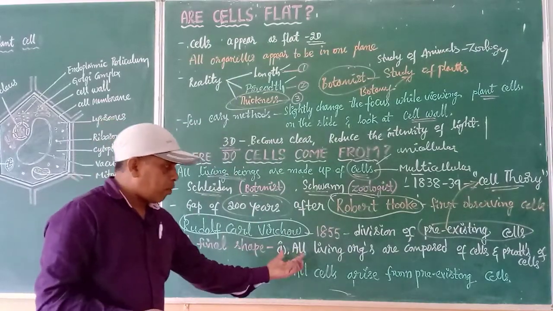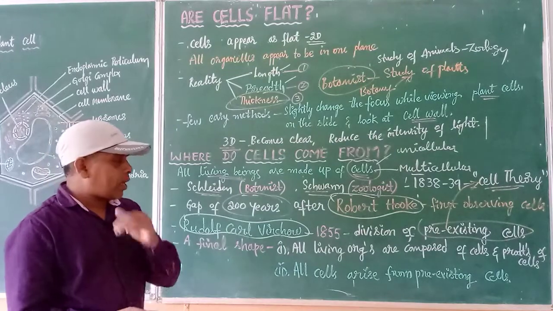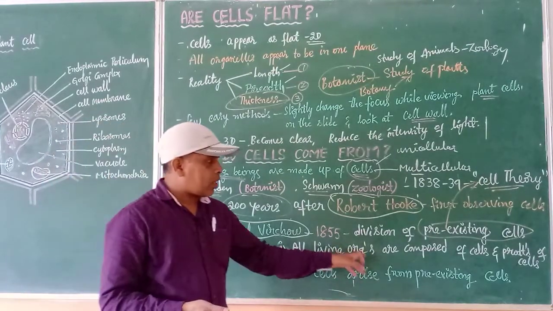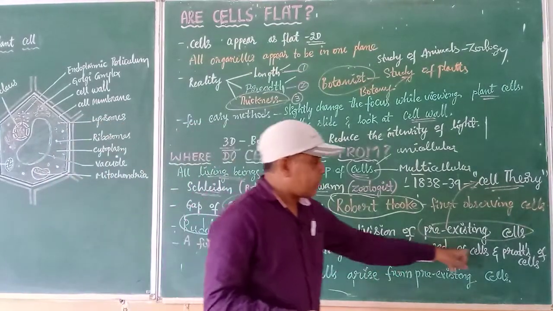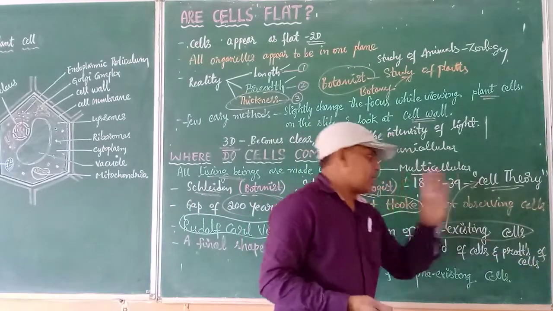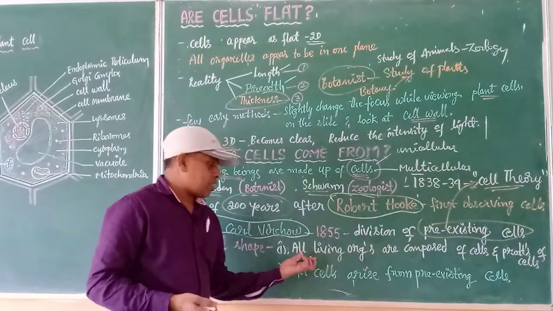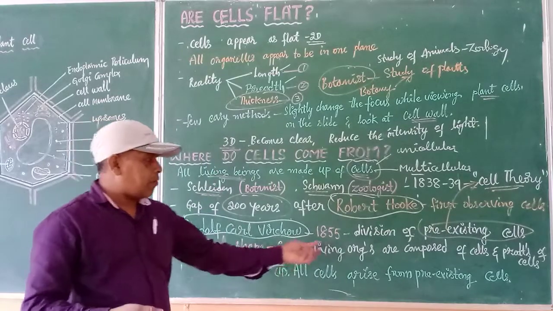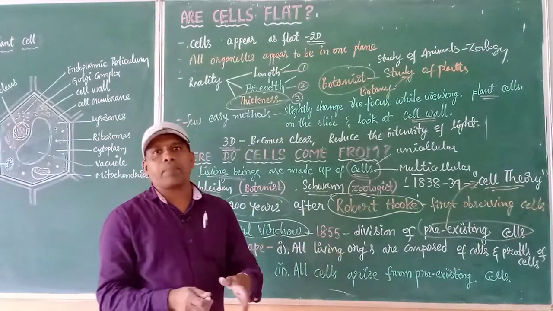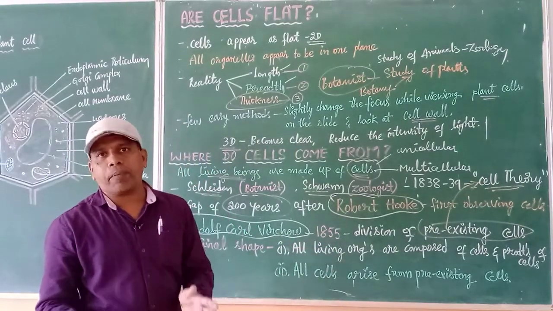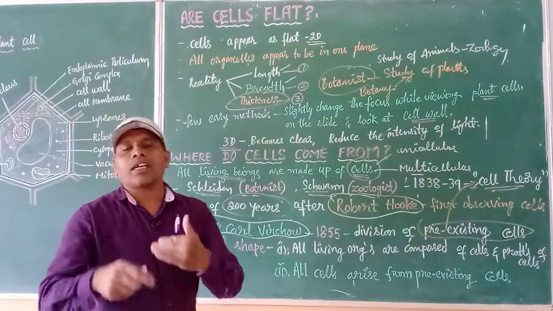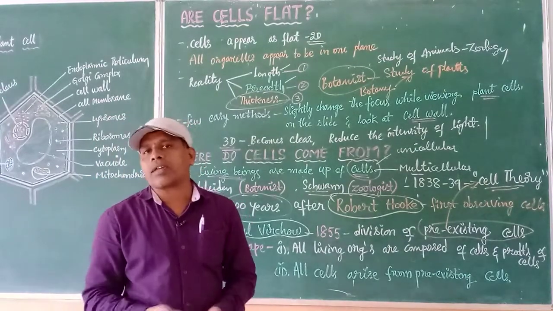So we have two important points given here. What are they? Let us see. All living organisms are composed of cells and the products of cells. This was the first statement under the cell theory. Every living organism is made up of cells and the different products that the cells produce.